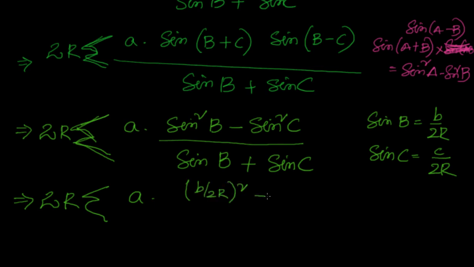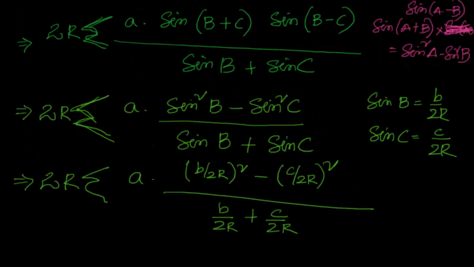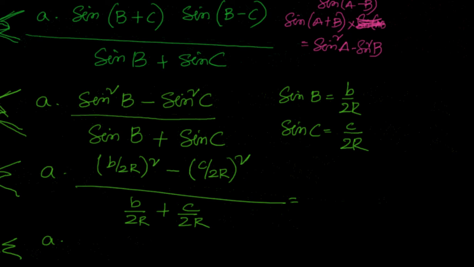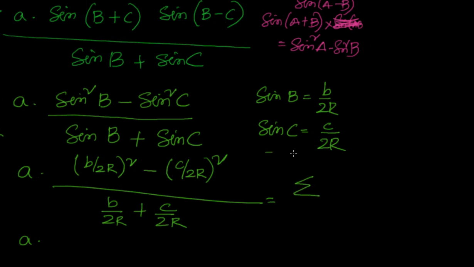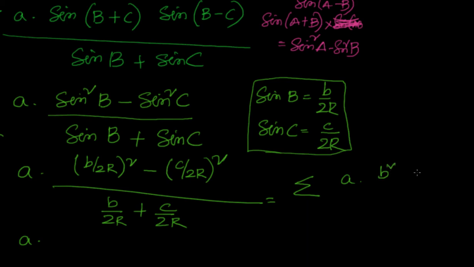So that's nothing but equal to 2r into sigma a into, I will write it down here so that it's clear, sigma a into b square minus c square by 4r square by b plus c by 2r. And if you remember, I have one 2r already with me.